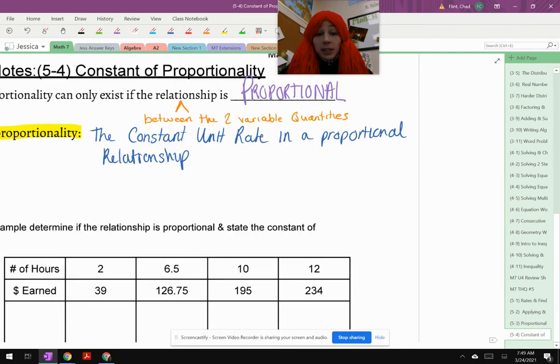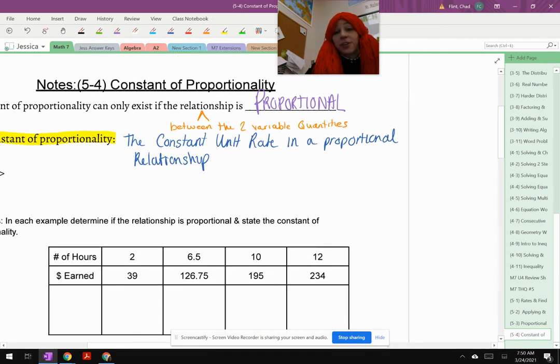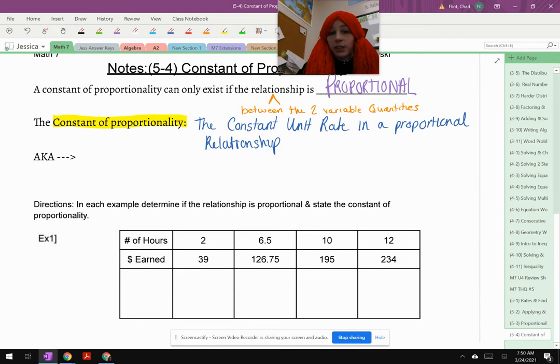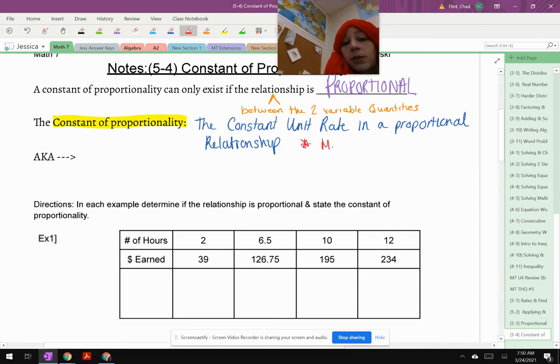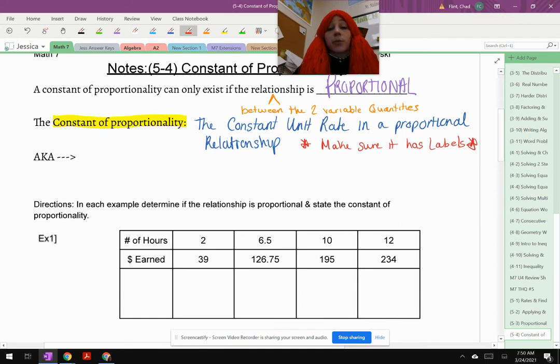All you're really doing in this lesson is taking it that next step further and identifying what the constant of proportionality is. When you're doing that, just make sure, of course, you have labels, because remember, a rate is not a rate until it has labels. The number 5 is not a rate until you do something like $5 per hour.